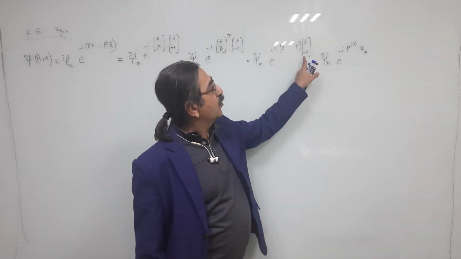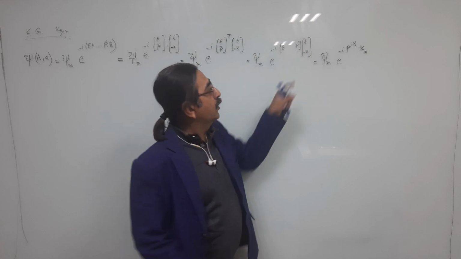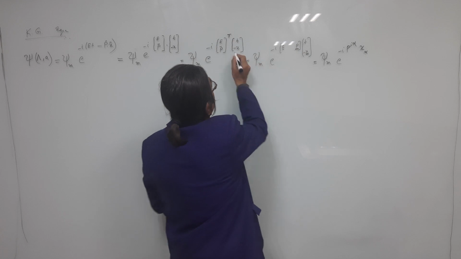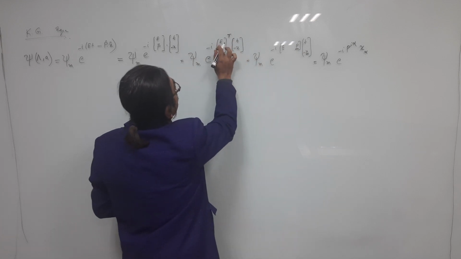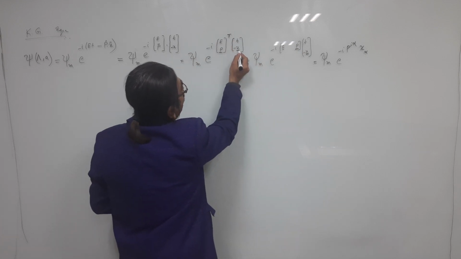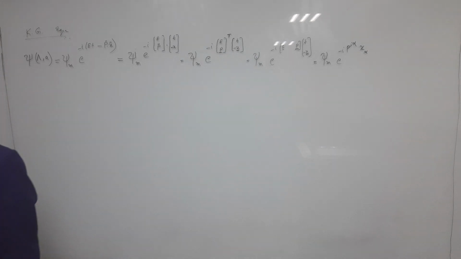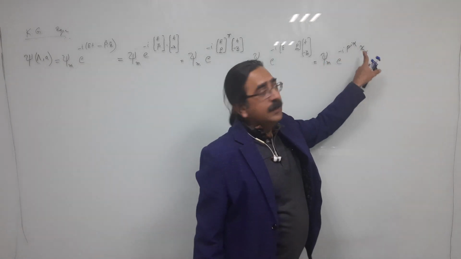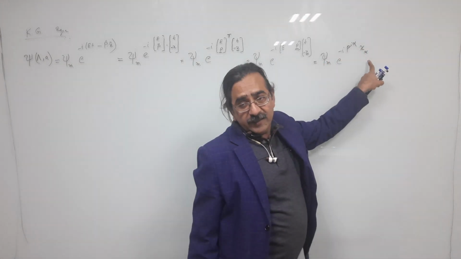So for the covariant x component, I must write this. Psi alpha is contracting with the alpha.